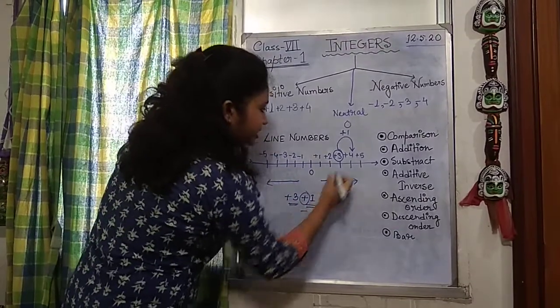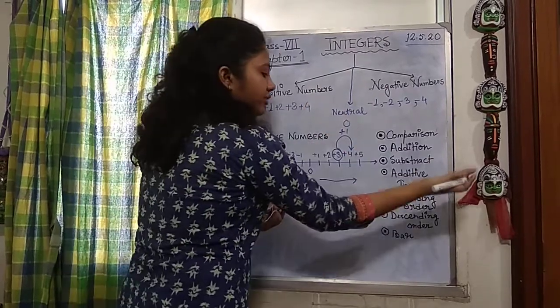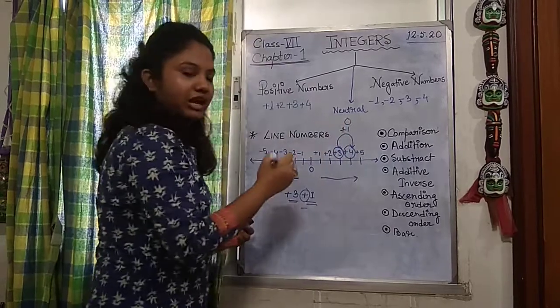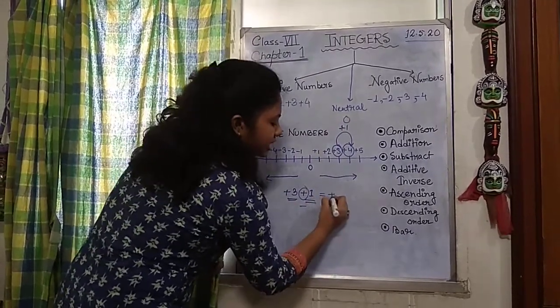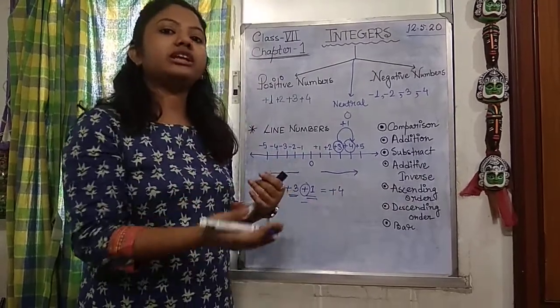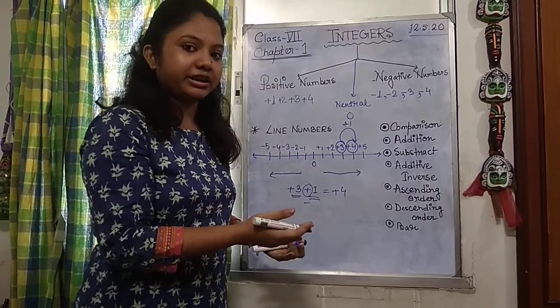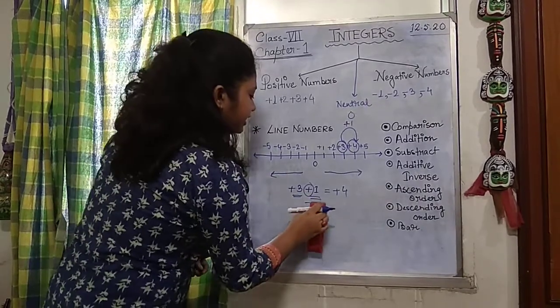So when +3 is there, +1 means one jump in the right hand side. It becomes what? +4. So +3 and +1 becomes +4. Till date, we have known that 3 + 1 is always 4. Now we understand how it is becoming. Understand?